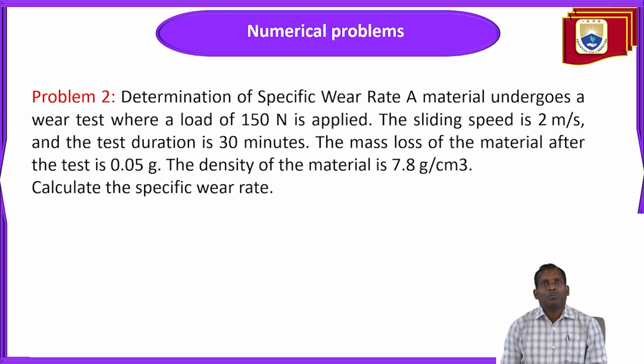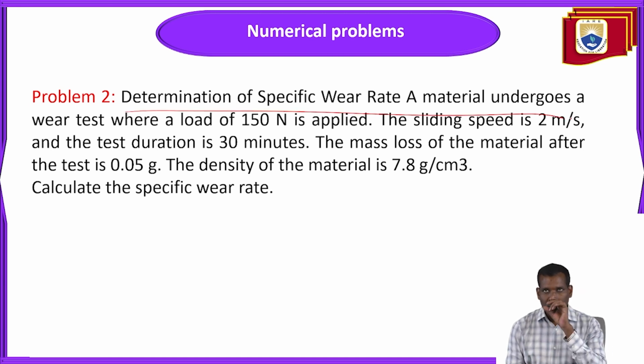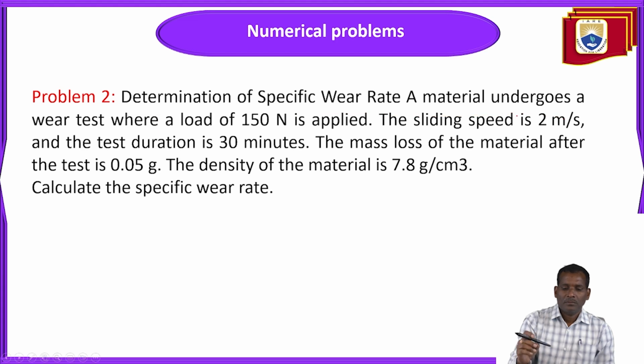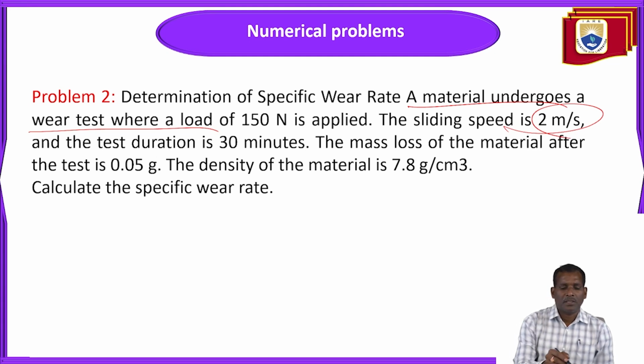Similarly, problem 2: determination of specific wear rate. A material undergoes a wear test where a load of 150 newtons is applied. The sliding speed is 2 meters per second and the test duration is 30 minutes.